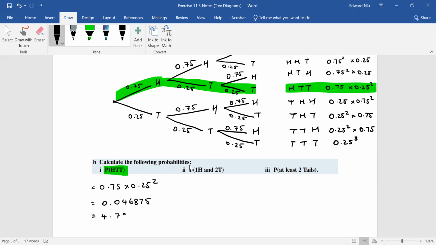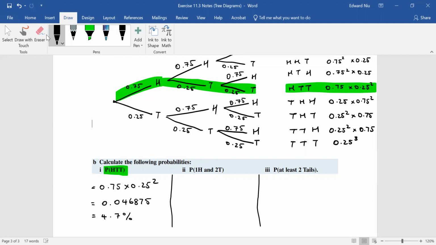Let's just round it to 4.7%. Okay, so you've got about a 4.7% chance of drawing this line. Now, why does it look so low? It's because tails are rare because the coin is loaded, meaning it's not a fair toss. Okay.